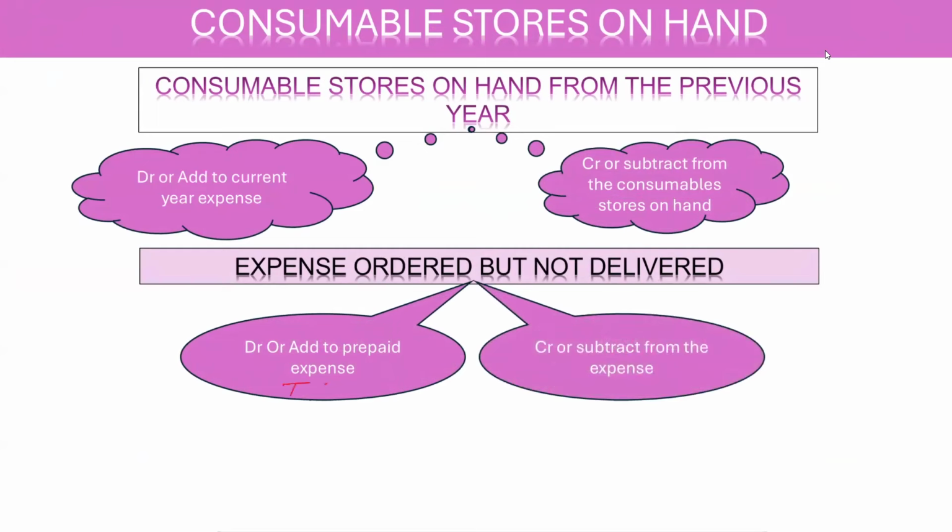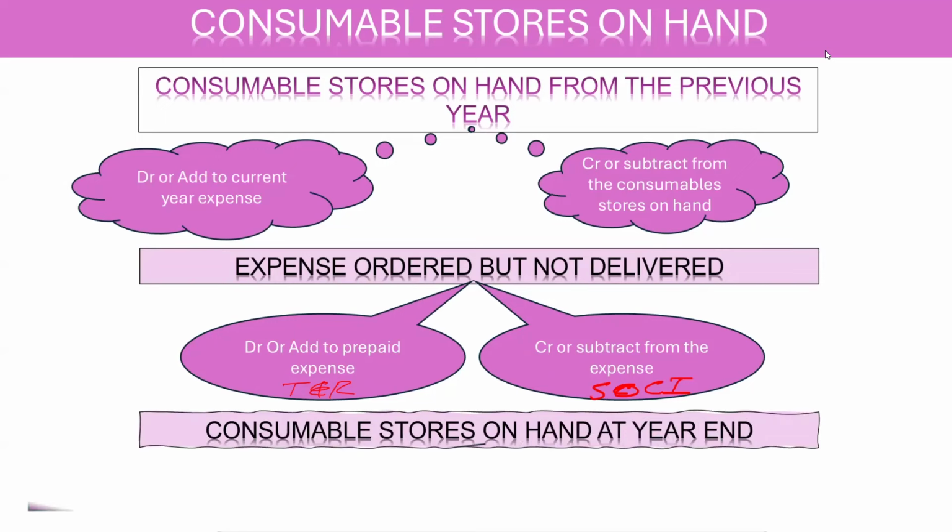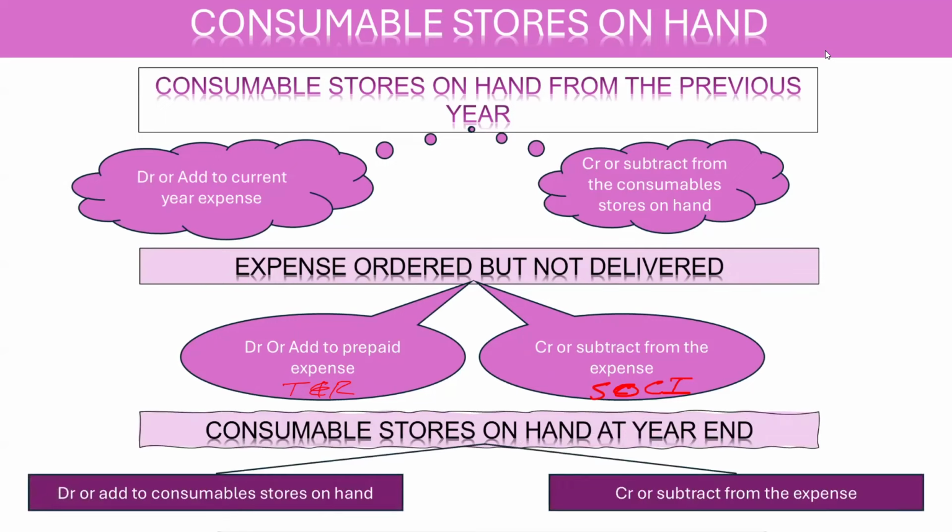This will be in trade and other receivables, and this will be in the statement of comprehensive income. That's where you will subtract it from the actual expense, which is what we have done, right? And the one that was not used at the end of this year, you add it to consumable stores and then subtract it from the actual expense.